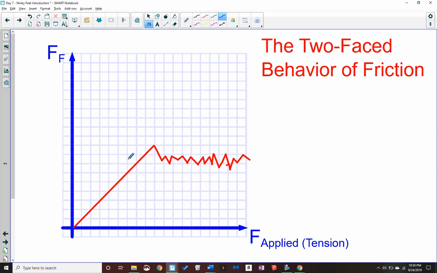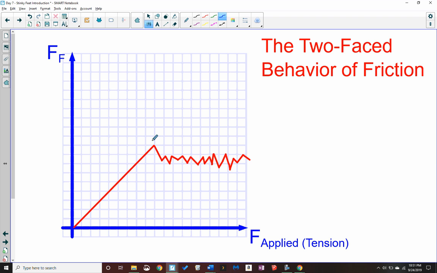That's something we're going to look at another day, but for our Stinky Feet lab, we're going to focus our attention right on this region here. If you remember, that was the region where the shoe was, that's right, dragging along the surface with constant velocity. So that is the kinetic region right there.